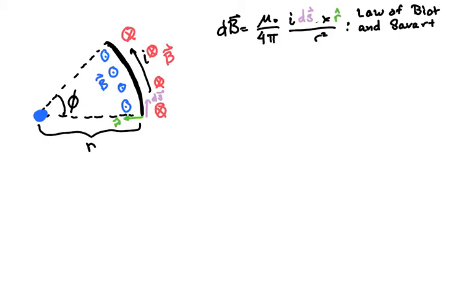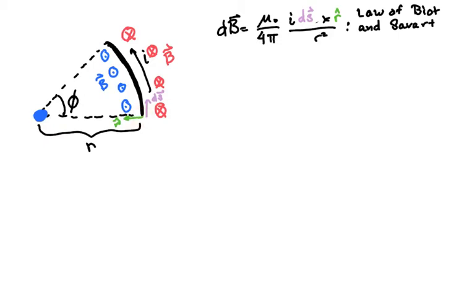The way this works is that we are looking at the differential amount of magnetic field contributing at the center of the arc due to tiny little pieces of wire right here.